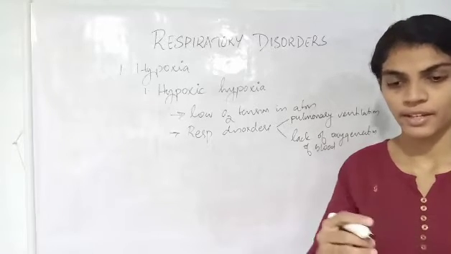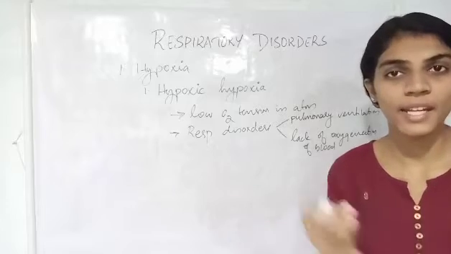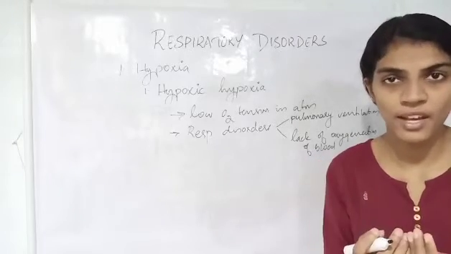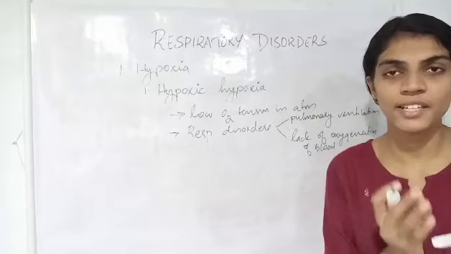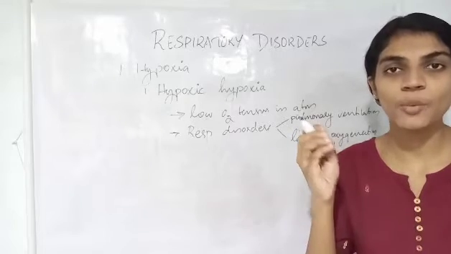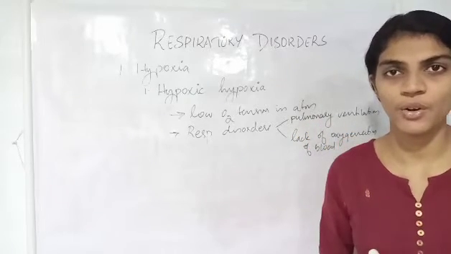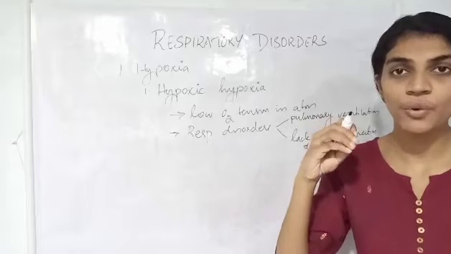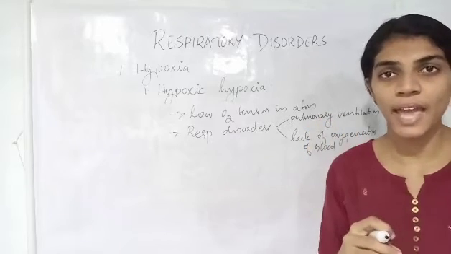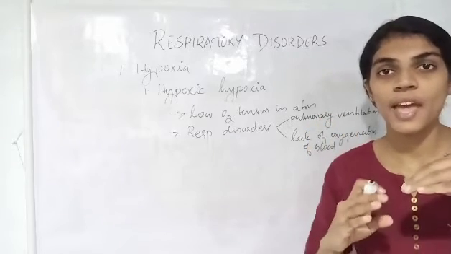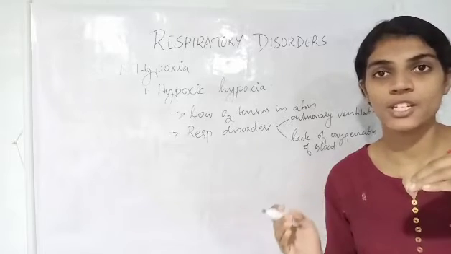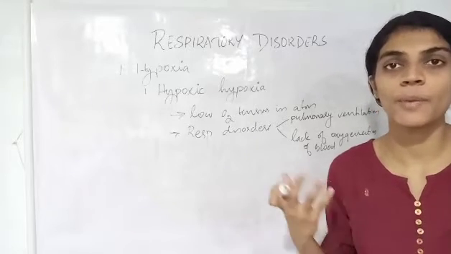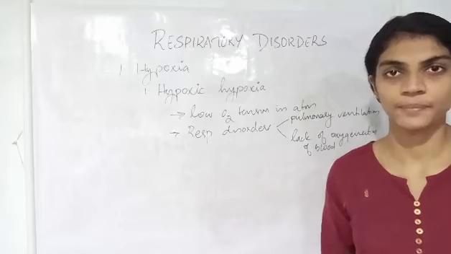It can be due to pulmonary edema or pneumonia or emphysema. All these are certain conditions caused by accumulation of fluid within the alveoli. By the accumulation of fluid within the alveoli, what happens? The air won't diffuse across the alveoli and get into the blood. So blood won't be getting oxygen.